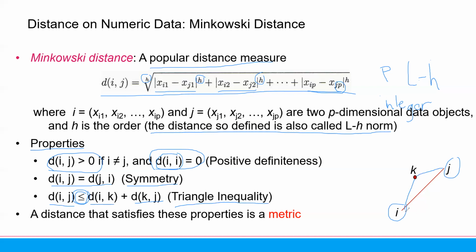Sorry, the distance of i and j will be lower than or equal to d i k plus d k j, because this is the triangle inequality. A distance that satisfies this property is a metric. So we call this the metric of the similarity.